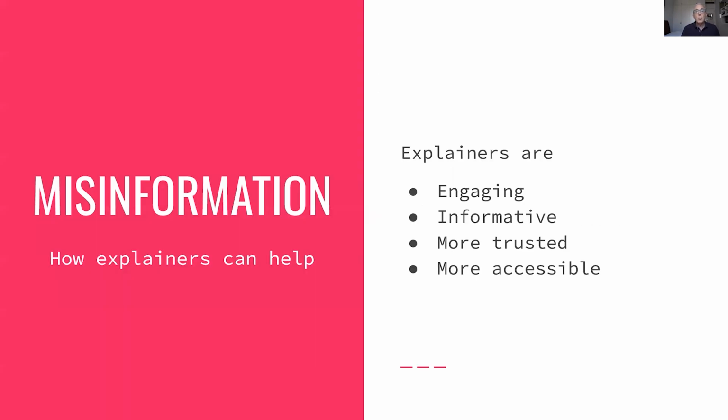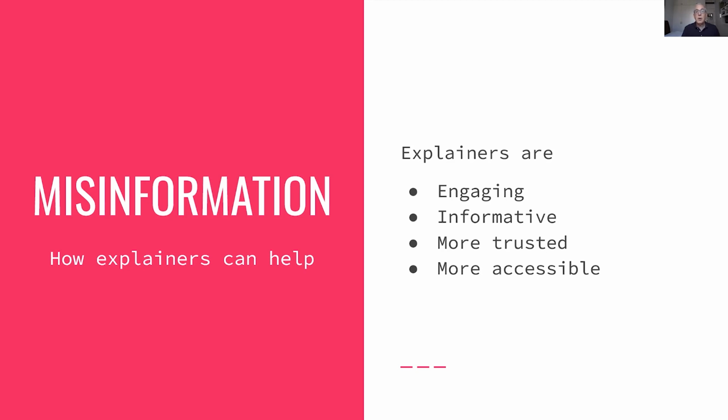So let's look at some of the strengths of explanatory journalism in fighting misinformation. We already know that readers like this kind of content. If you meet your audience where it's at, thinking back to what we discussed in Module 1, they're more likely to be engaged. If you do a good job at laying out a subject clearly, they're more likely to come away feeling better informed.